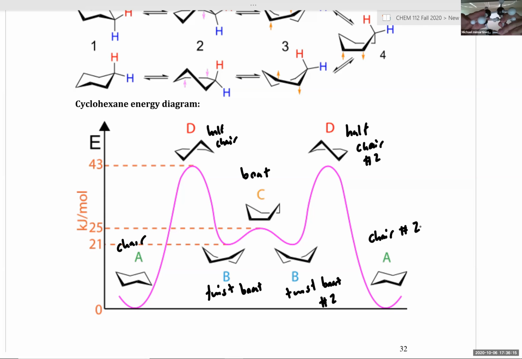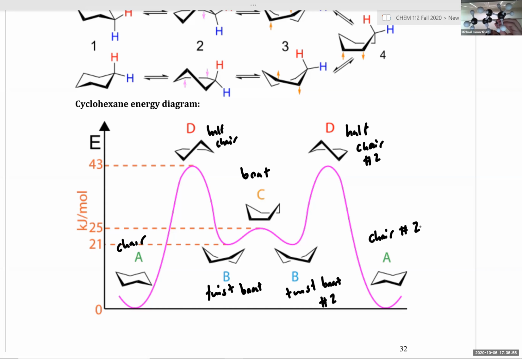Then we'll adopt the boat conformation, which looks something like this. Next, in our process of bringing carbon number 1 down, we'll adopt our second twist boat conformation, followed by our second half chair conformation, followed by our final chair conformation after a ring flip.